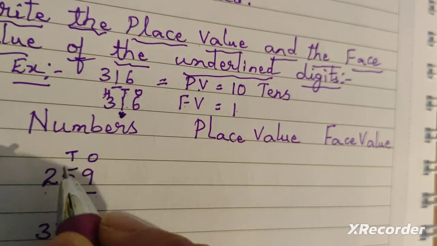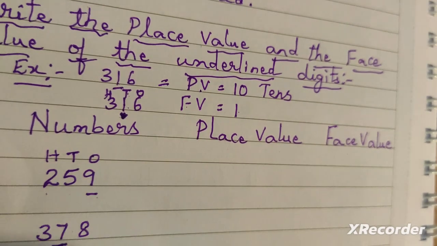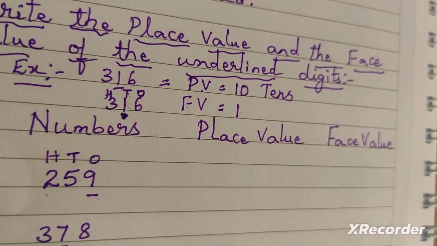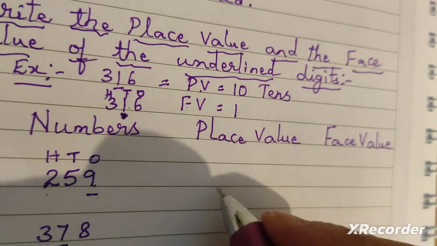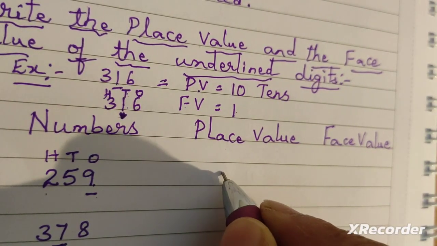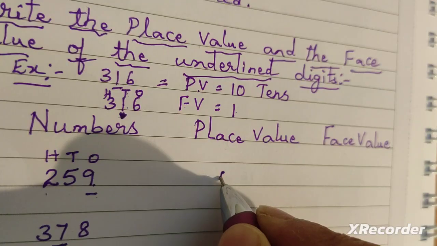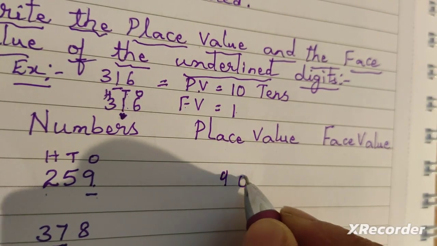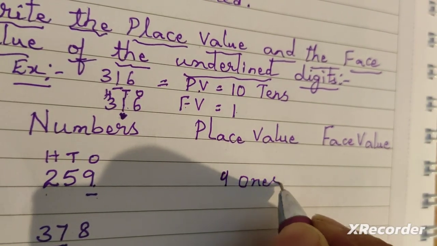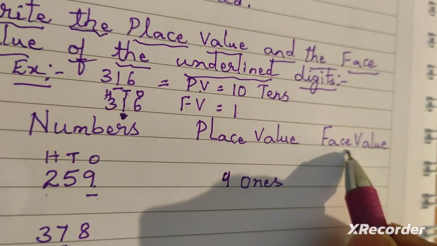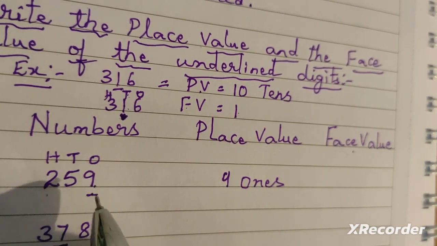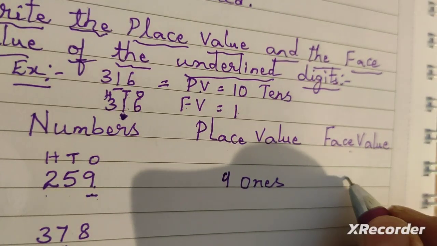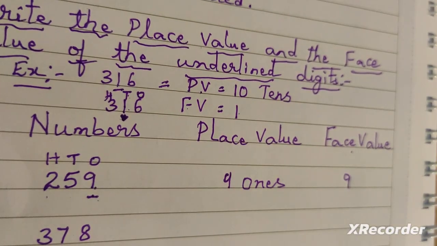Ones, tens, hundreds. So what is the place value? 9 ones. What is the face value? I told you face value is the underlined number itself. Which is the underlined number? 9.